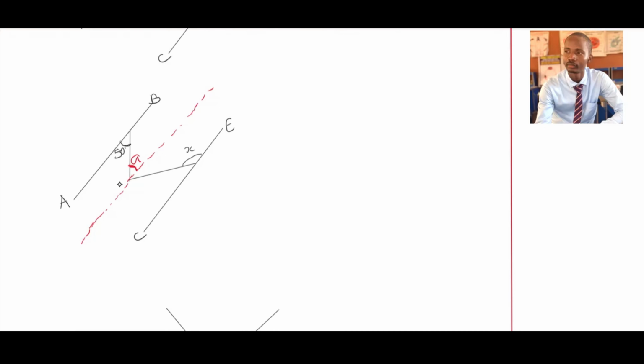So from what I've done, if that is A, I can say that angle A is equal to 50 degrees. Why is that so? Can you remember? It is alternate angles. So A is alternate to 50 degrees, so A is equal to 50 degrees. Now, A being 50 degrees, let me bring in something else here.